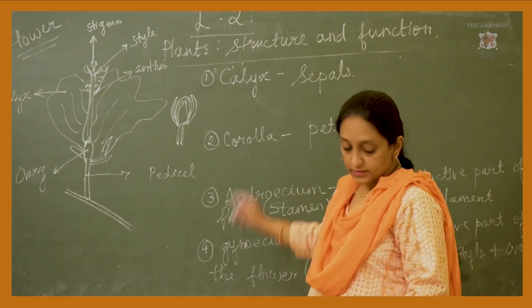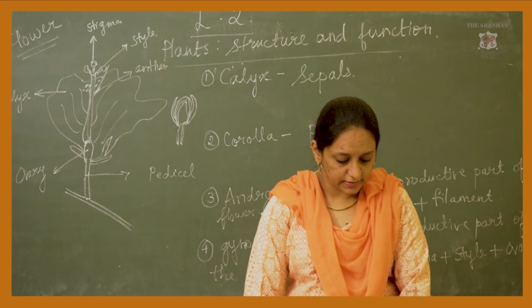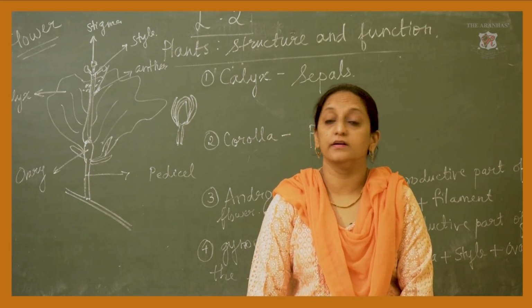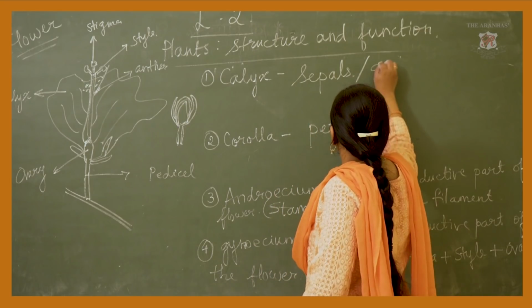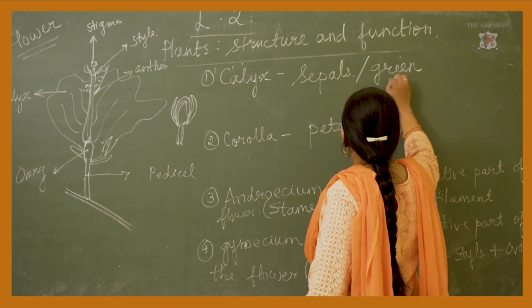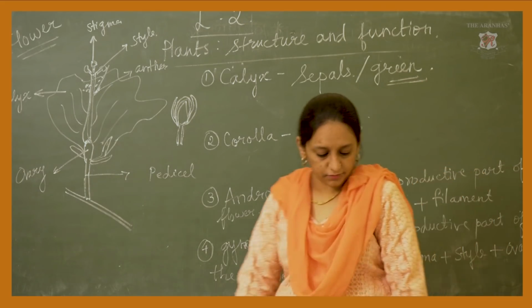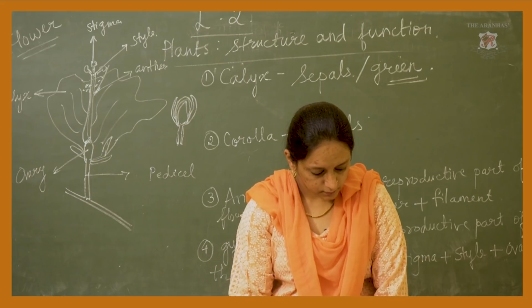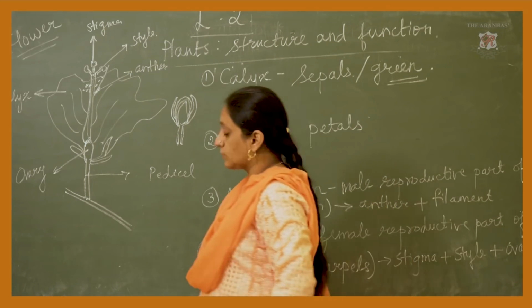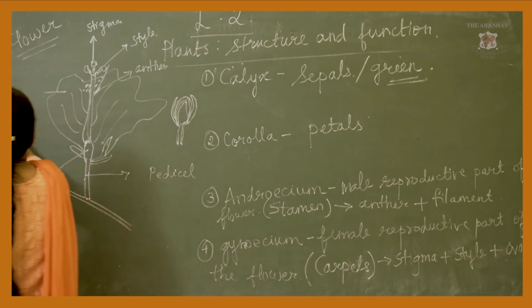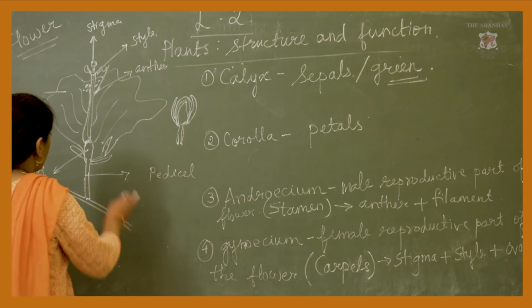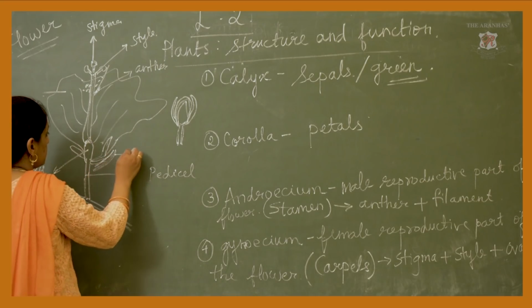Calyx is made of sepals and is green in color. Calyx is made of sepals and is always green in color. Sorry, this is the corolla. Calyx is this. This is always green in color.